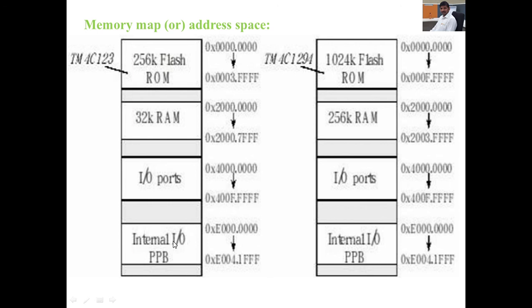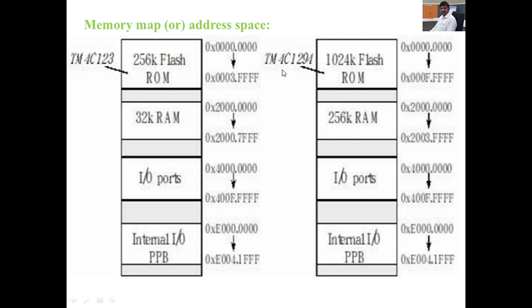Next, internal peripheral memory ranges from E000 0000 to E004 1FFF. Like that, ARM processor memory is assigned for flash memory, RAM, IO ports, and internal peripherals.